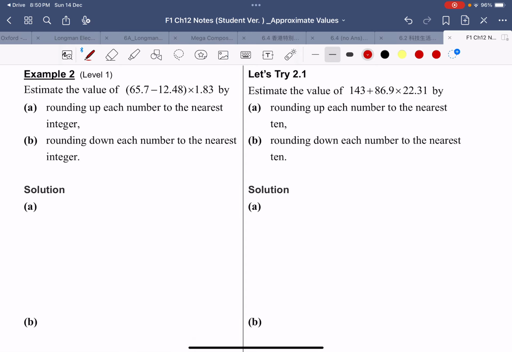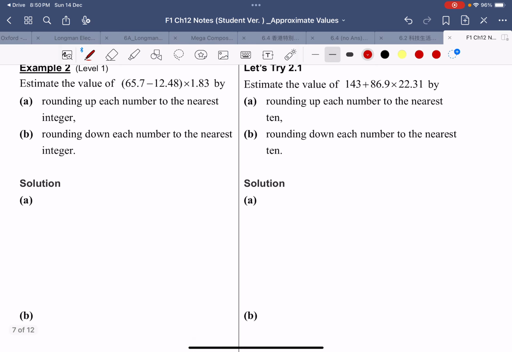Okay, your turn to do. Okay, some brackets, doesn't matter. Copy. Approximately equal to, this time round up to nearest integer. Okay, you need to be very careful. Round up, always go up.